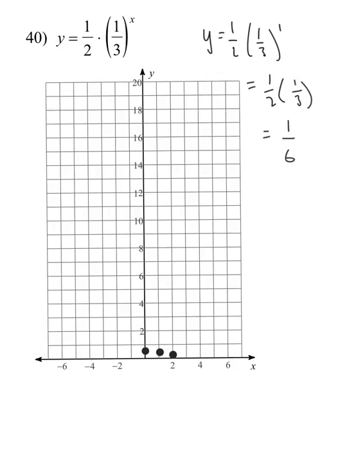So maybe we should plug in, say, -1 or -2 to see what it will look like over here. So real quick, let's say you do -1. So y equals 1/2 times 1/3 to the negative first.